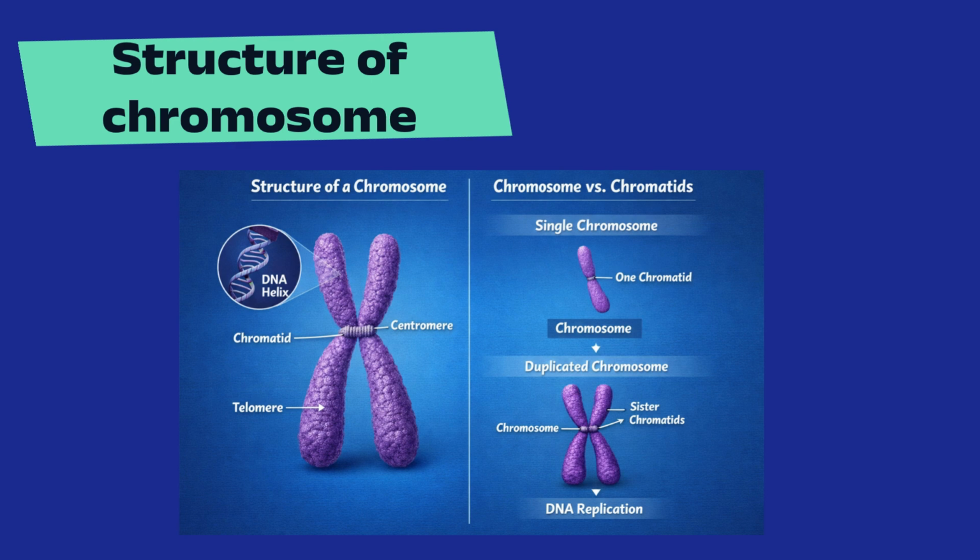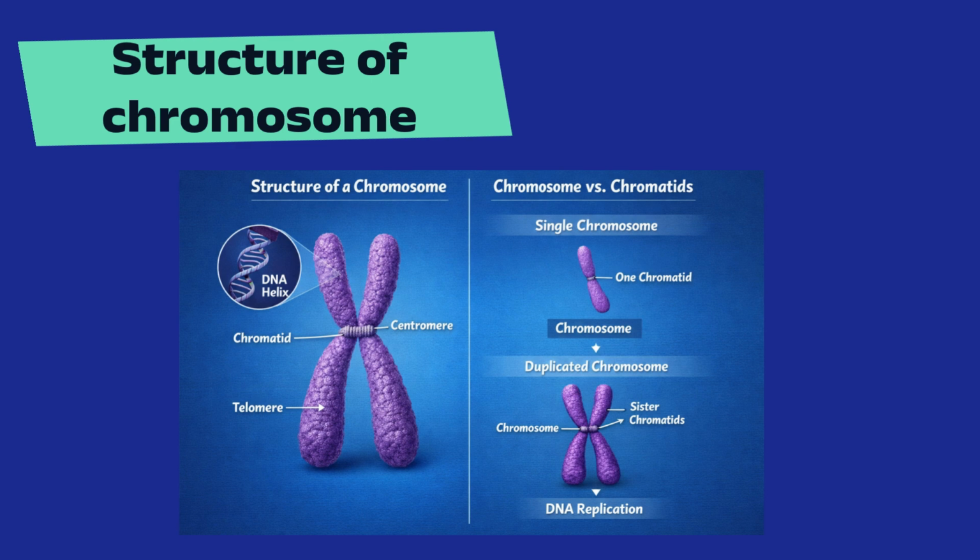And the single line here, the single chromosome, is actually a chromatid. The centromere is the thing that is holding two sister chromatids together, forming the X, or the duplicated chromosome.